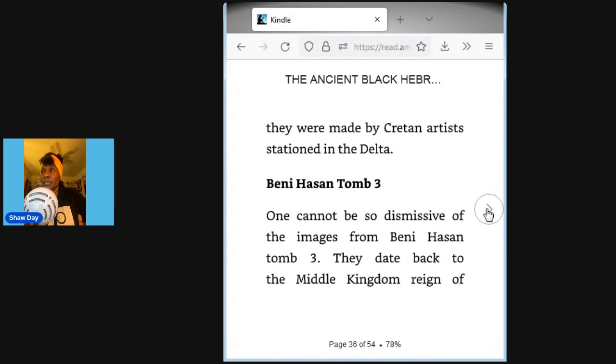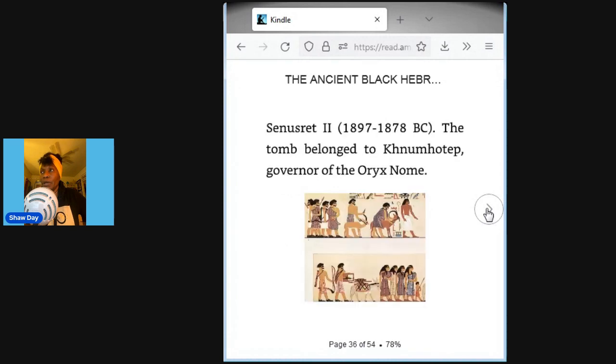It says, Beni Hussein, Tomb 3. One cannot be so dismissive of the images from Beni Hussein, Tomb 3. They dated back to the Middle Kingdom reign of Sesostris II from 1897 through 1878 BC.